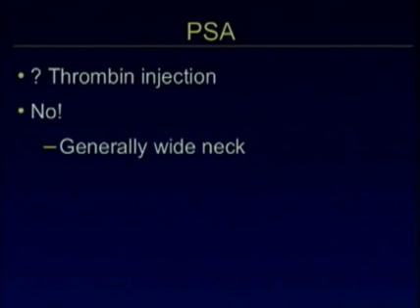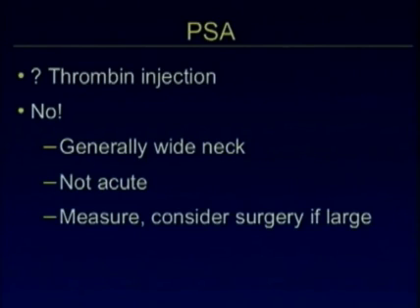In the old days, when we used to do compression, I tried compressing a few of these when they were relatively acute, but most of these have been around for quite a while, and you will generally not be successful with compression. So I would just send them to the surgeon. Now some of these small ones, they don't have to go to surgery right away, they'll just watch them.